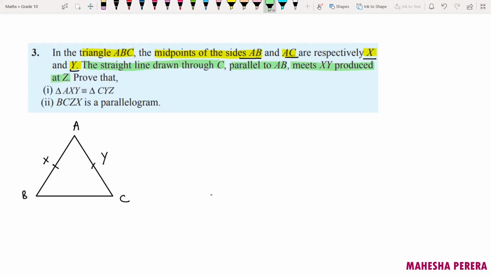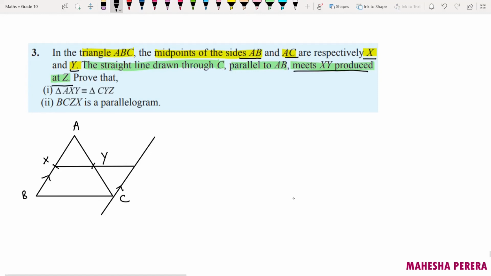Right. The straight line drawn through C parallel to AB. So here we need to draw a straight line through C, which is parallel to AB. Right, let's draw. Now let's mark. These lines are parallel. And it says meets XY produced at Z. So we need to produce XY. Okay, like this.